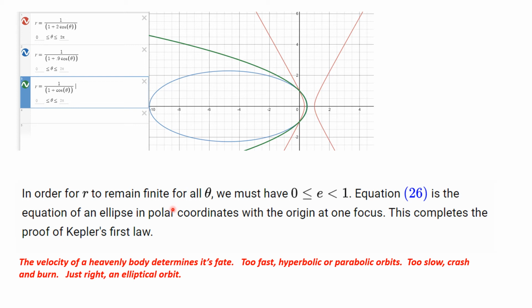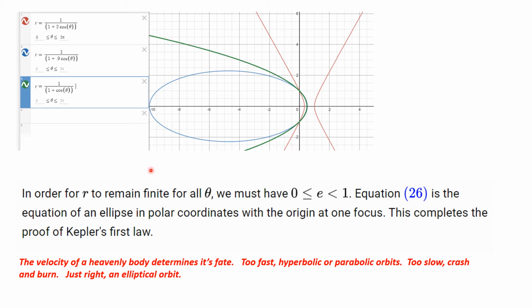Now that actually would be an involved proof for me to put down here. You could do it, and maybe you should try to do it, but I'm just going to show you some examples. If I pick E to be 2, I get these red curves, which means you're going off to infinity. R is going off to infinity. If I pick E to be 1, I get the green curve.